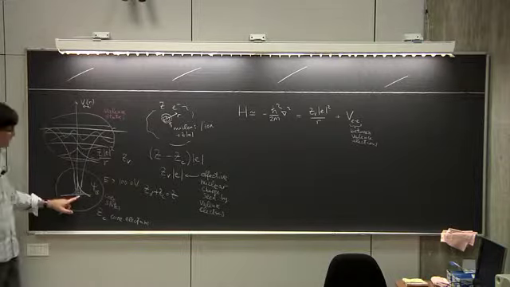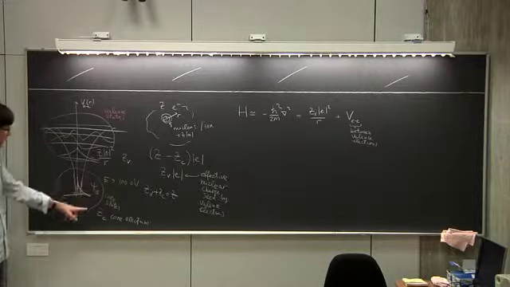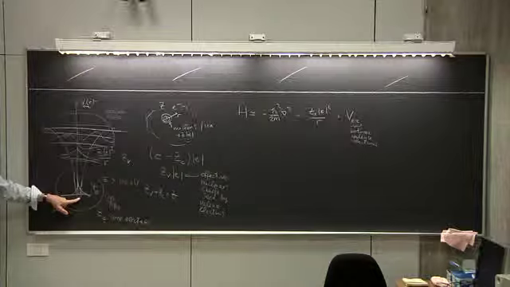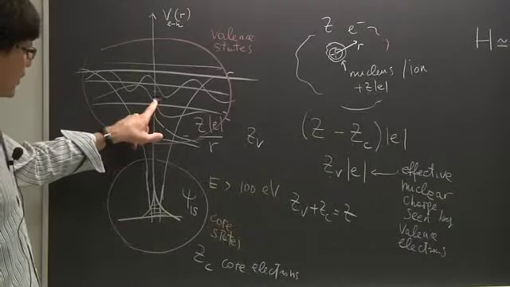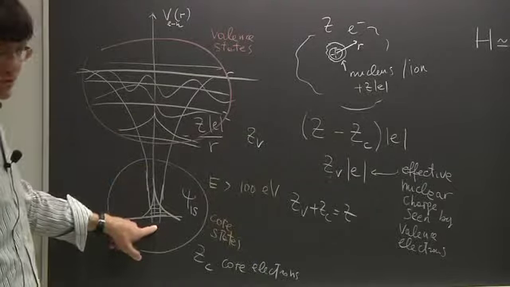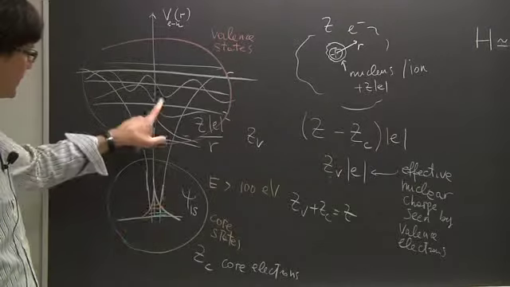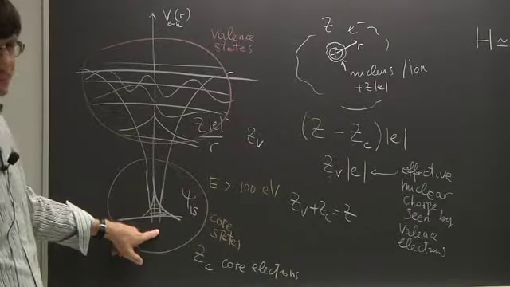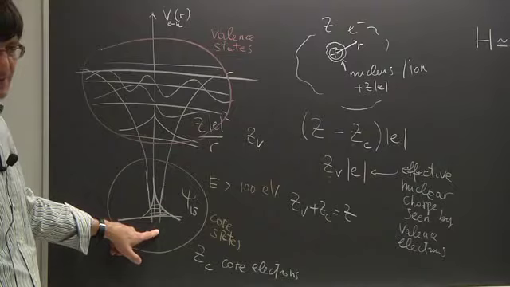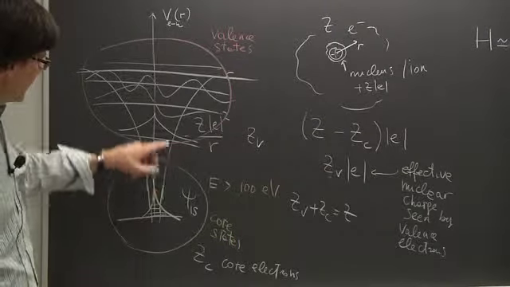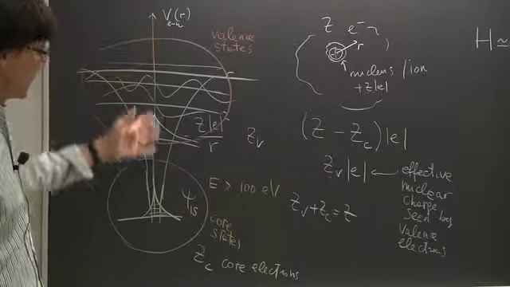And I need to always keep in mind that when I do this exercise of removing the core states, there is not only the charge that these electrons see due to the presence of core states, but there's also the fact that these states must be orthogonal to the underlying core states, right? Because they are the result of the same Hamiltonian.